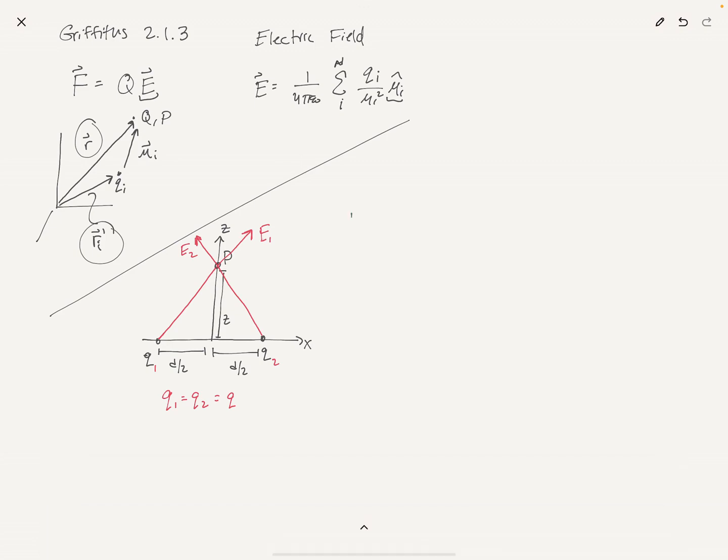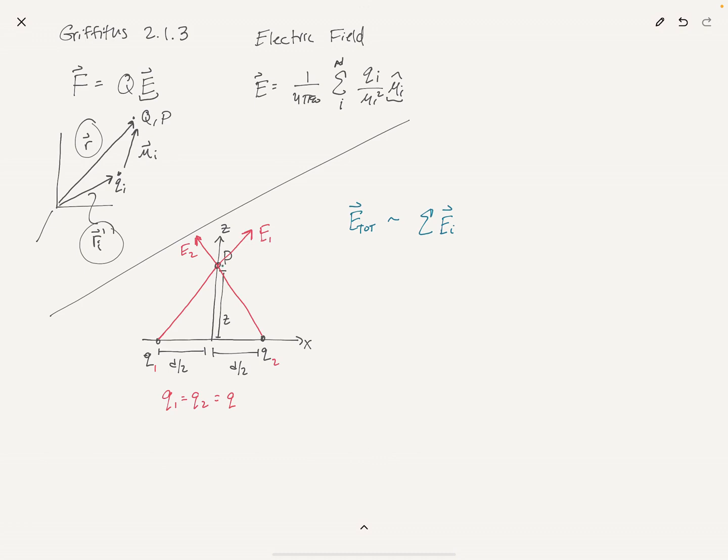Right, and I know that my total electric field, which is my vector total, is related to a sum of all of my electric fields. And that sum is the sum over the vectors. The electric fields have magnitude and direction.